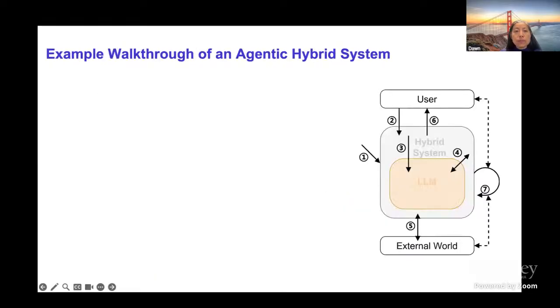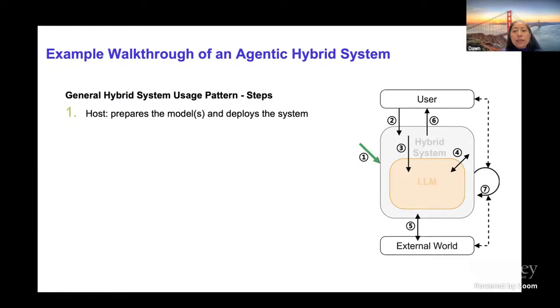So here is an example walkthrough of an agentic hybrid system workflow. In the first step, for example, a host, like a developer, can prepare the model and the hybrid system, and then deploy the hybrid system with the model or multiple models.